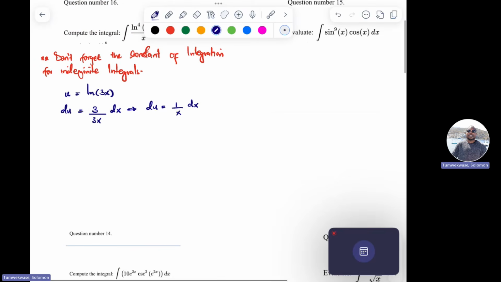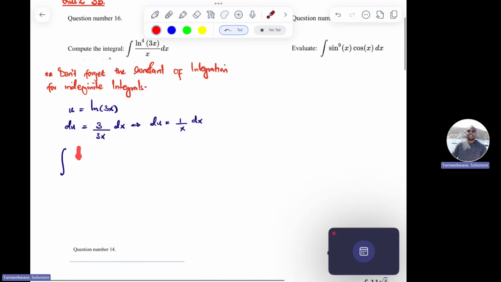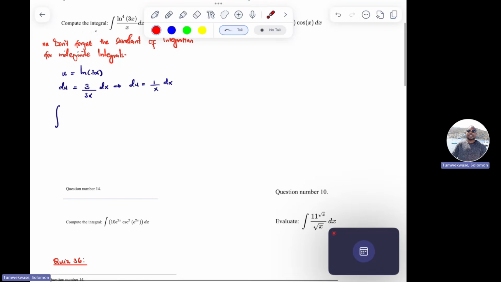Therefore we shall have the integral of natural log to the power 4 of 3x. Remember, that is the same as natural log of 3x, then the whole of it to the power 4. That's how it should be written.